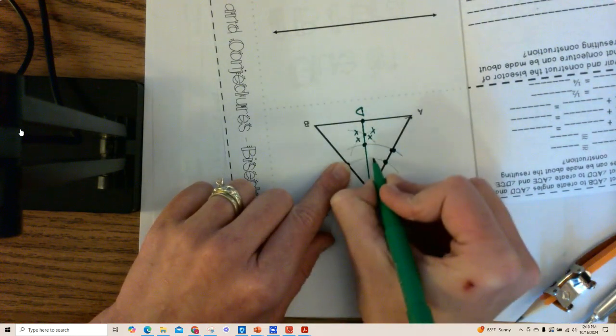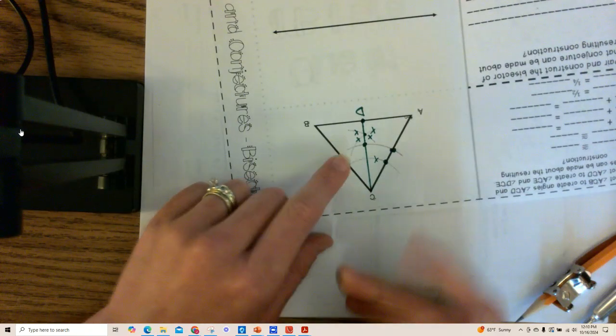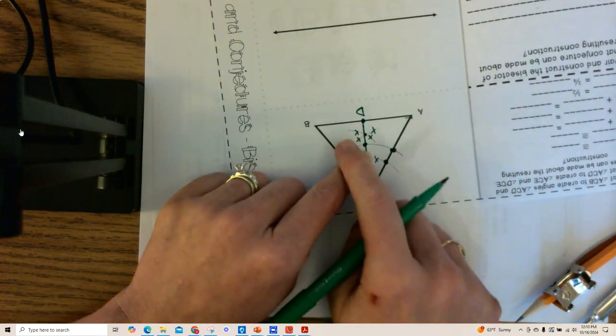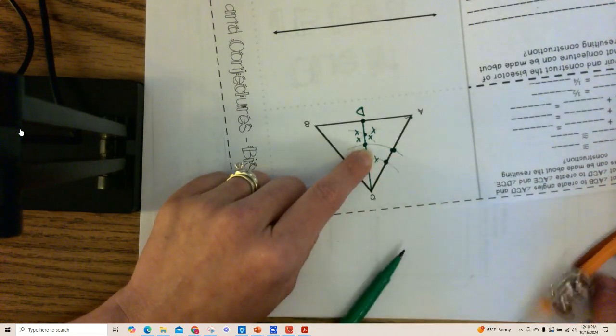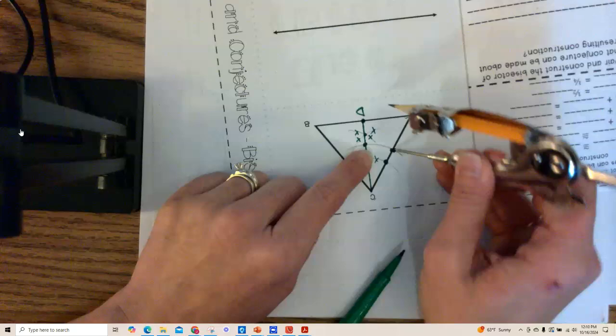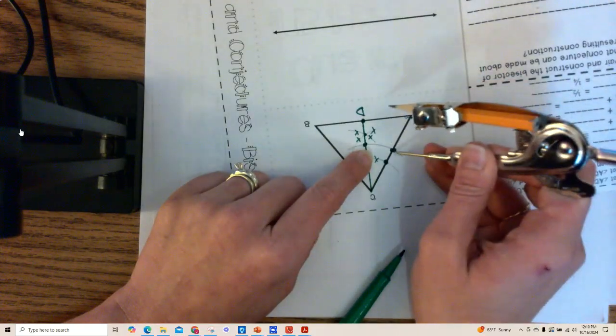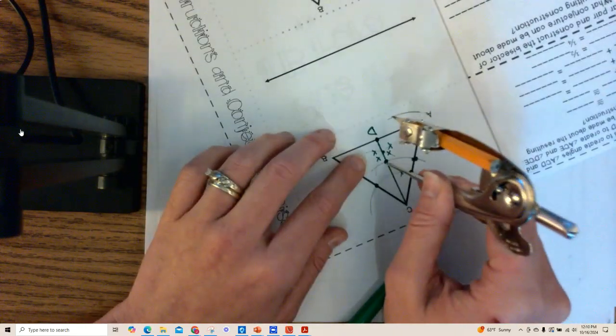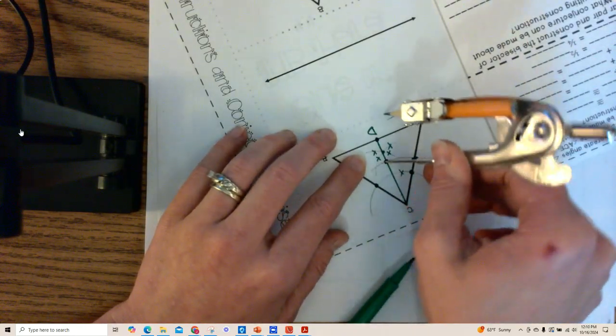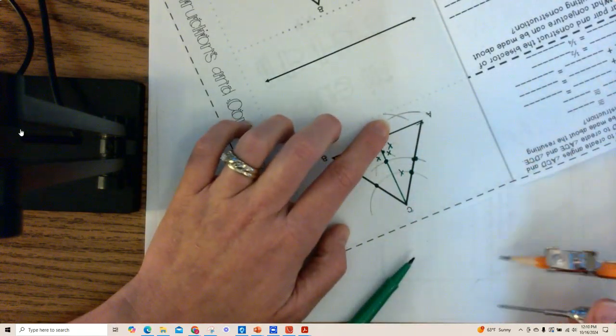I've already used all of those. Okay, so it's those two new intersections that we just made. And then you're going to take your compass again on those points and make two new arcs, and you need them to cross.